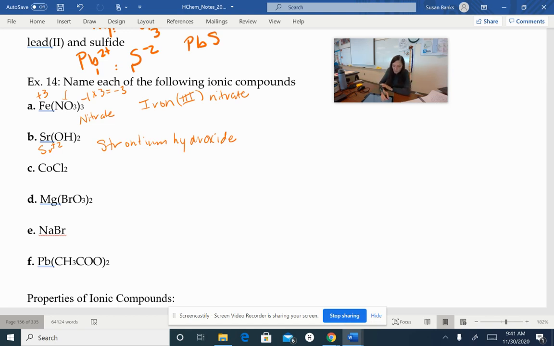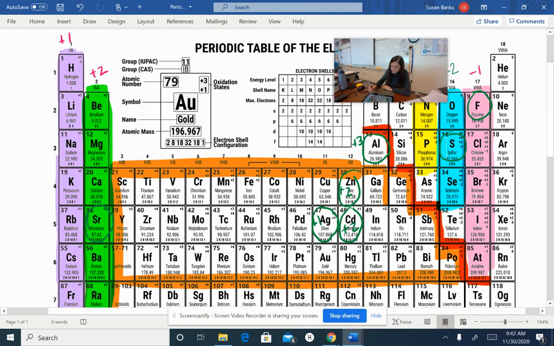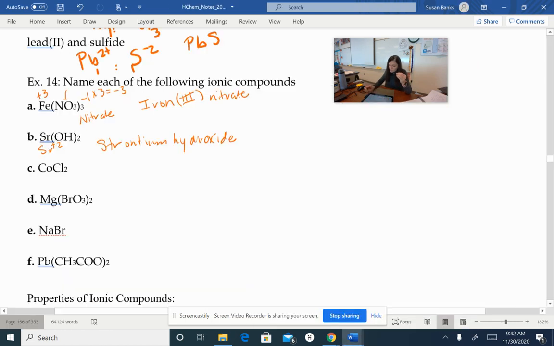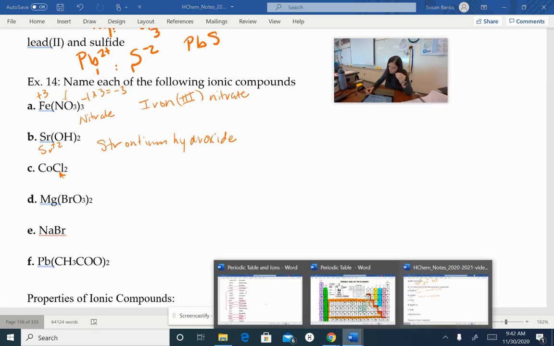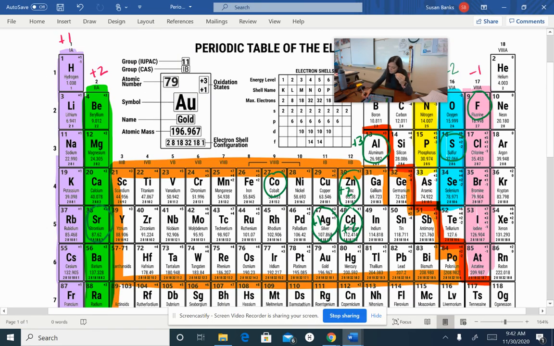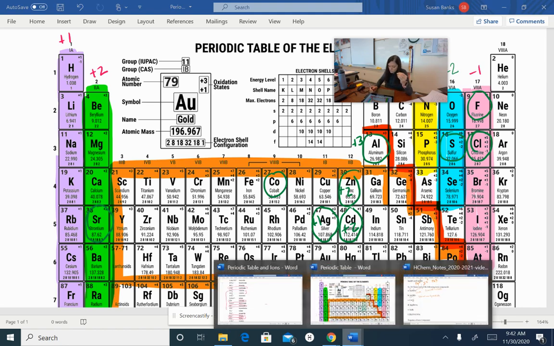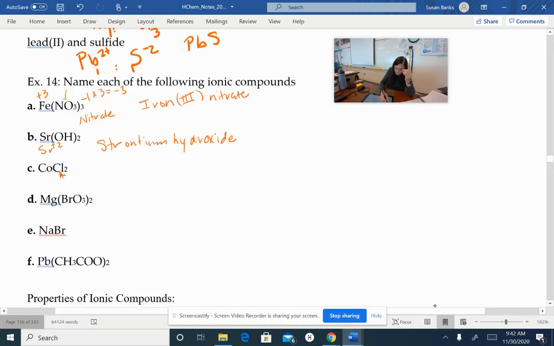All right, cobalt. Cobalt is a transition metal, right? Cobalt's right here. It is a transition metal, so we've got to figure out its charge by what it's bound to. It's bound to chlorine. So let's look at chlorine. Chlorine is right here. It's a negative 1. So because chlorine is a negative 1, and I've got 2 of them, negative 1 times 2 gives me negative 2.